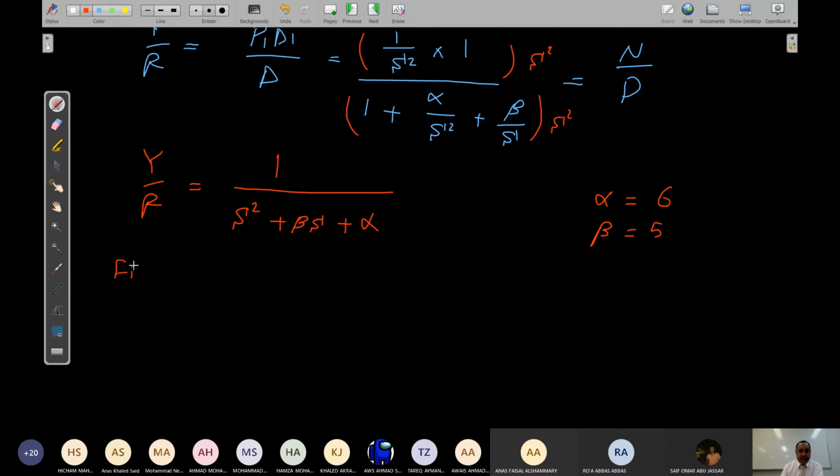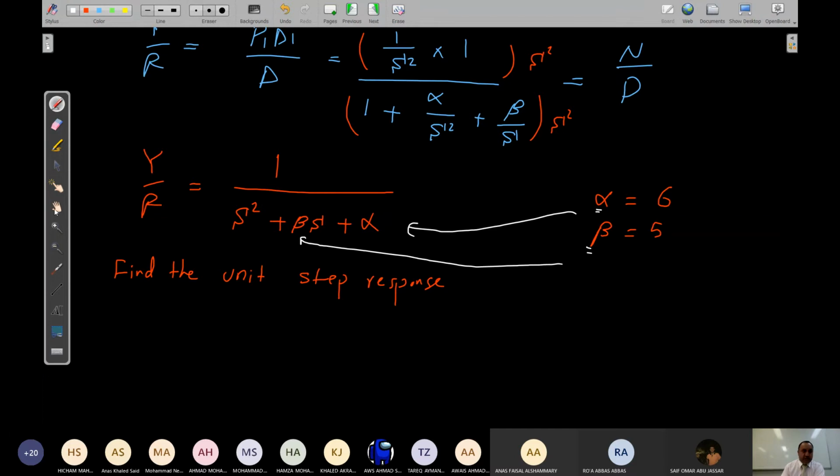So find the unit step response. I'm giving you now the values of alpha and beta. So what do I need to substitute?